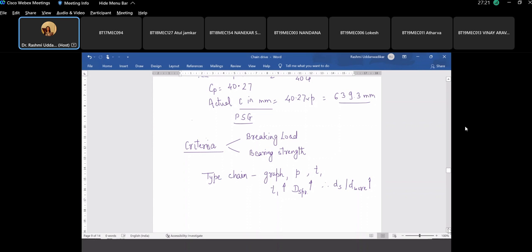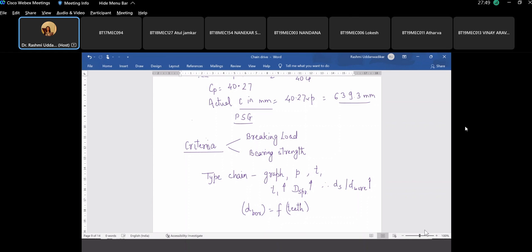If you select the lower number of teeth, then the diameter of sprocket also goes down, and the bore diameter has to be again smaller than this, which means the permissible bore diameter, the diameter of the bore that is permissible, this becomes a function of number of teeth. And so you have to be careful while selecting how many number of teeth you are selecting.